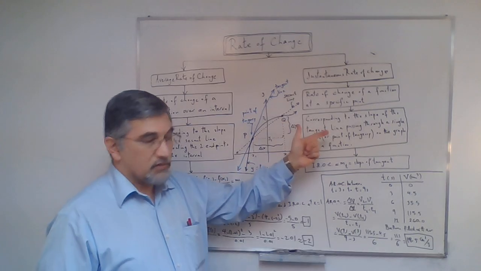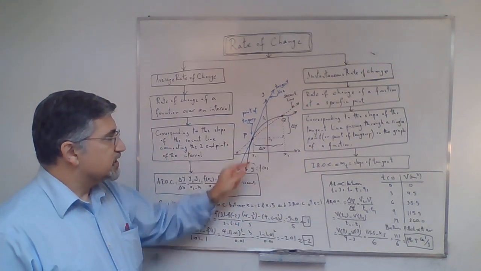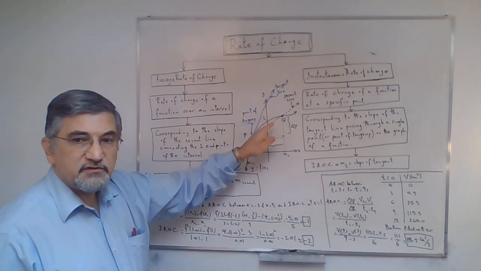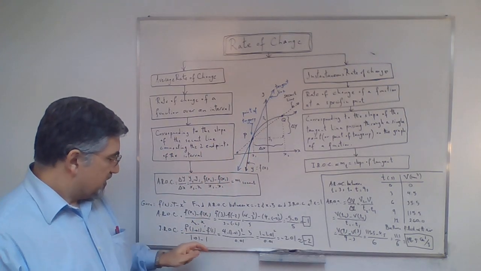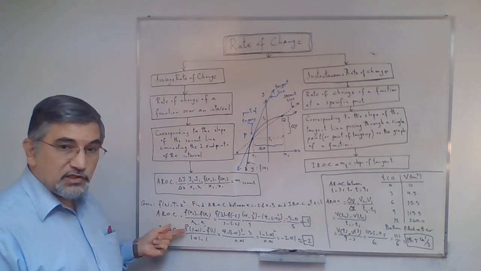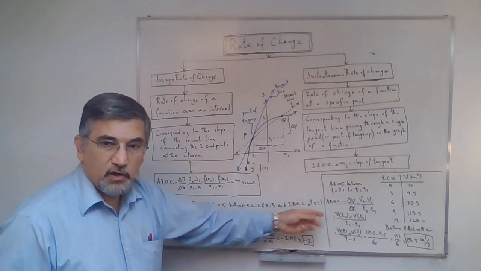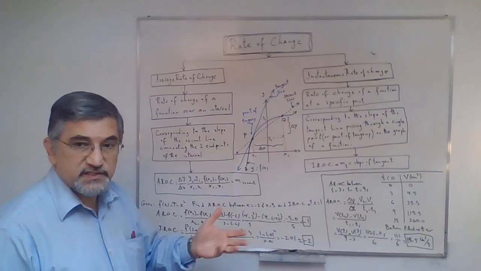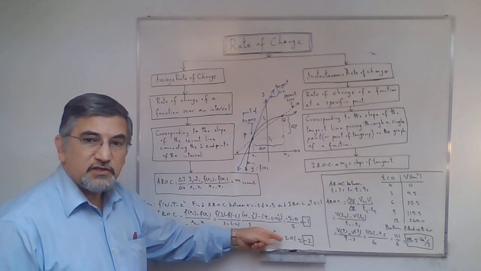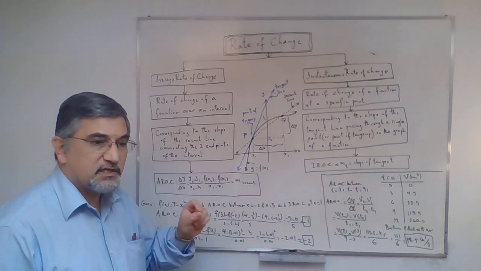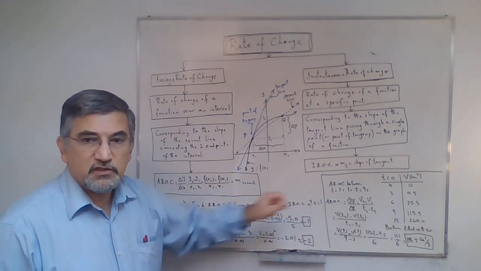And in order to estimate the instantaneous rate of change, the trick is that we select the second point very, very close to the single point where we want to find the slope of the tangent, as I did earlier. I selected 1.01, which was a point very close to x equals 1. I could have selected 1.0001, for example. And then we calculate the average rate of change, and we claim that this is a very good estimation of the instantaneous rate of change at that required point.